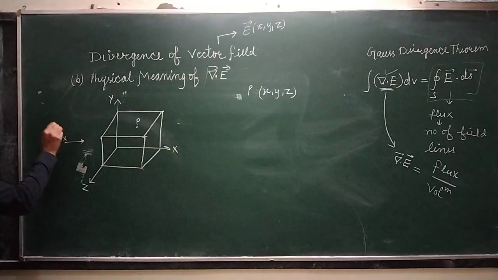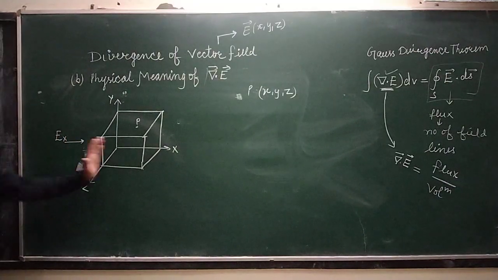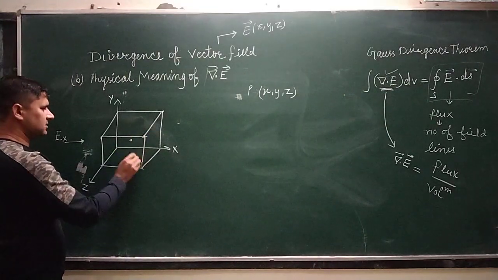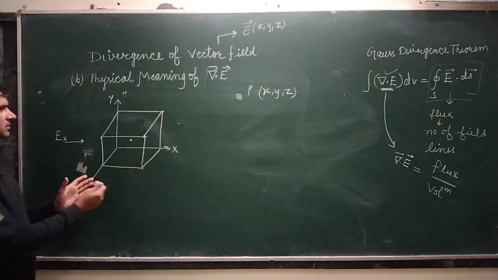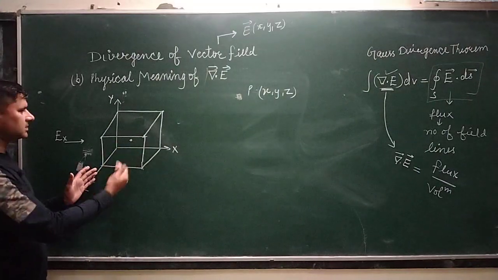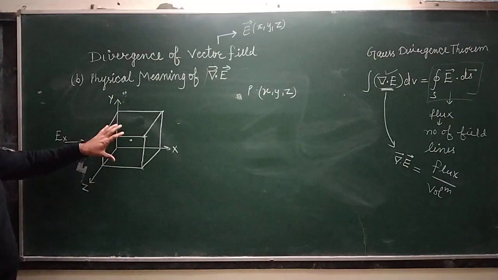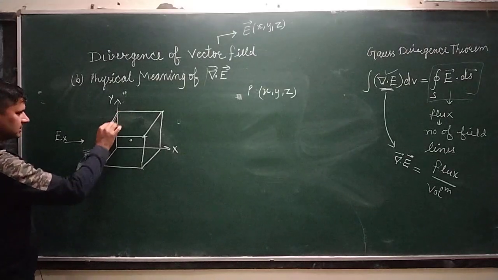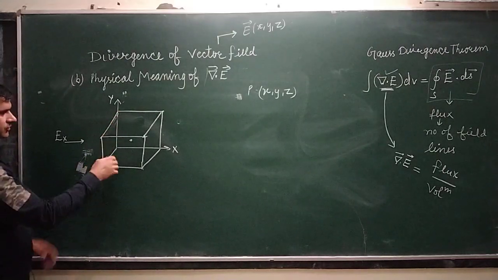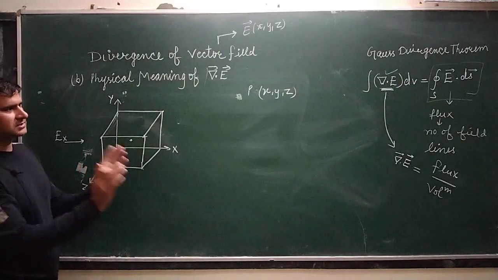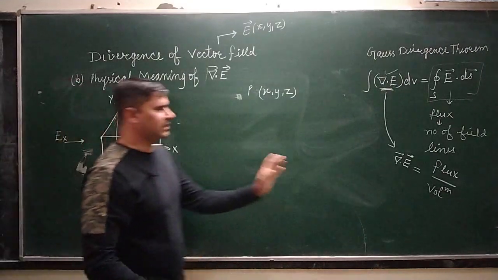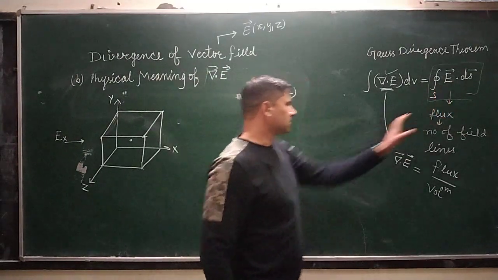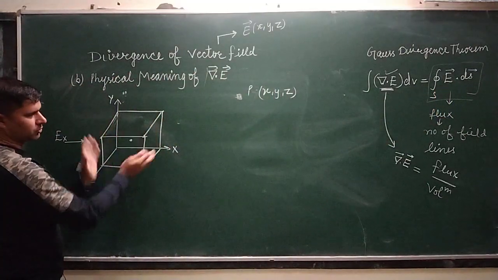So this is Ex, and this point P is at the intersection of body diagonals of this cuboid. Okay, now we will consider this cuboid, which is made up of 6 faces, and we will find the total flux diverging out of this cuboid.